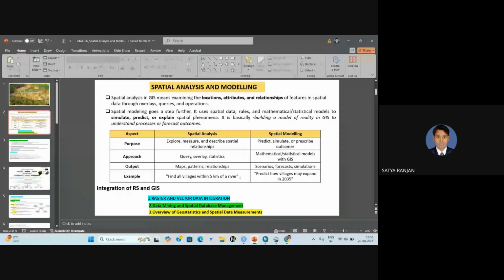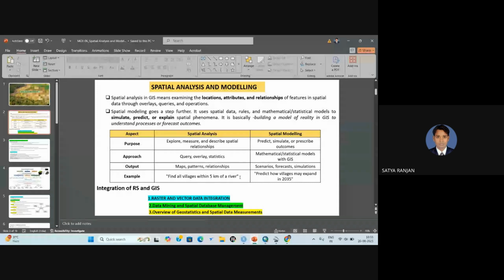Mostly in health GIS, buffer based analysis is used to see how a disease is spreading, how it affects a particular area, whether it is a waterborne or airborne disease. Health GIS nowadays uses buffer and overlay analysis very much. Out of this also, a lot of analysis is there.